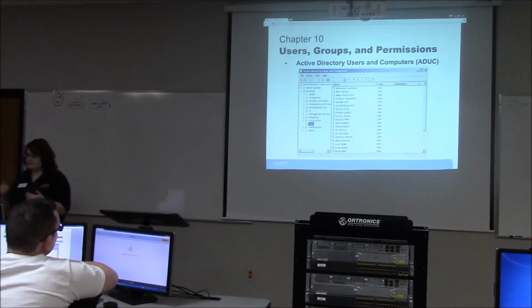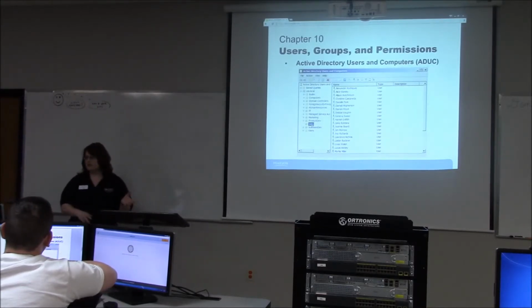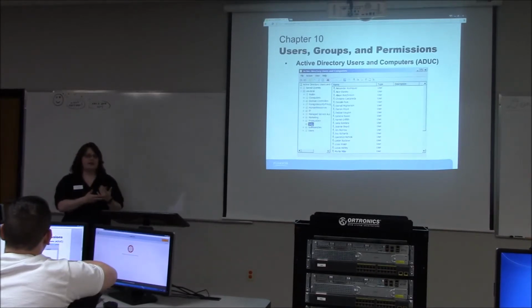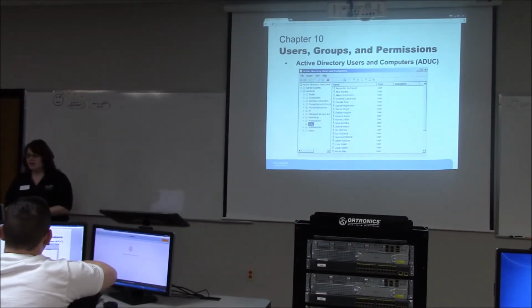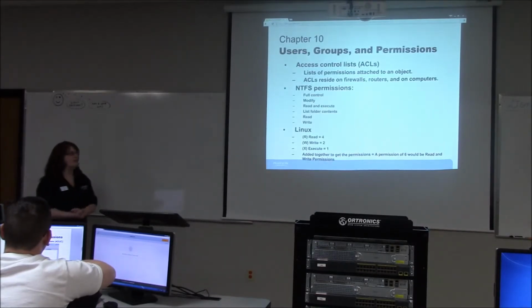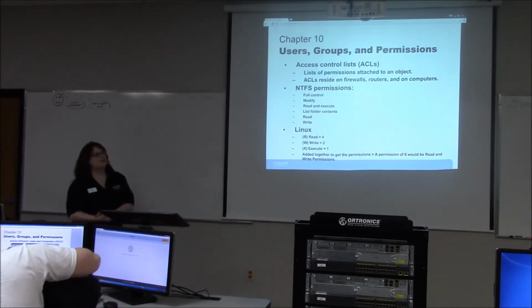So we want to create all those different units and then put our users inside of them. And then assign permissions and properties and restrictions based on the organizational unit. Maybe an individual user, like the president, might want some special stuff, but assigning it based on the OU is definitely going to be a lot more helpful.